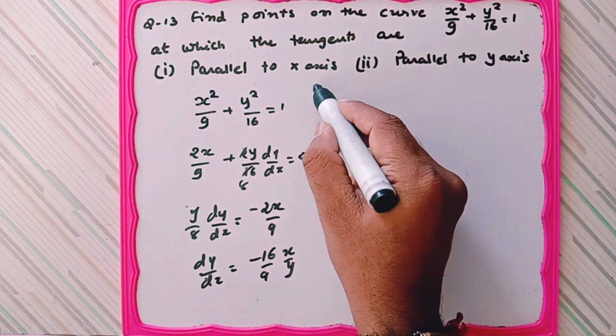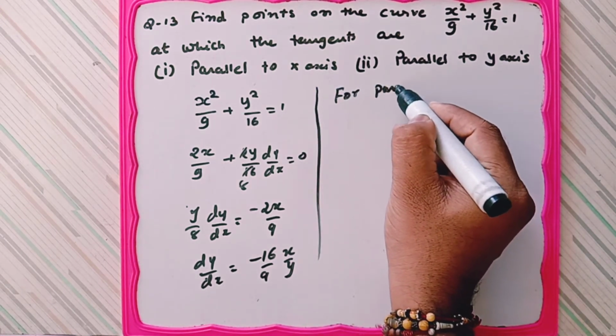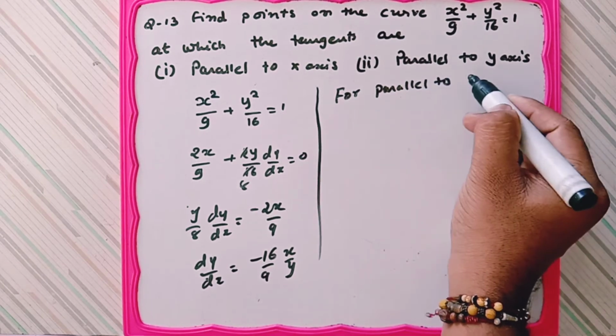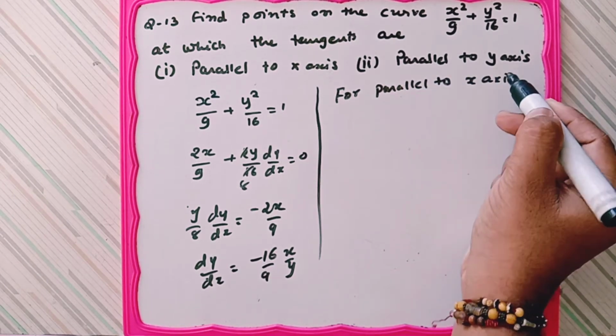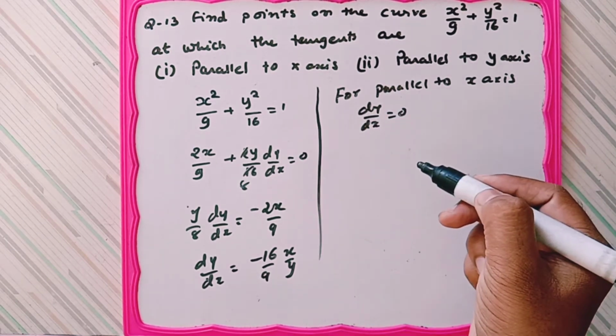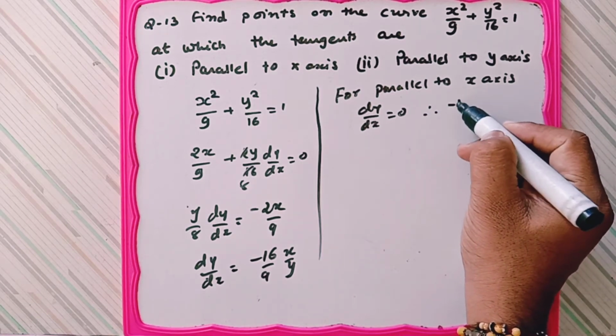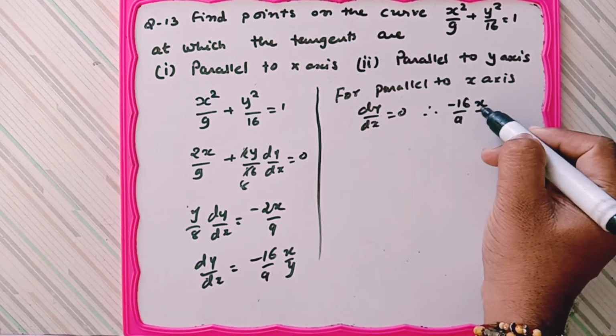Now for parallel to the x-axis, dy by dx equals 0, and dy by dx equals 0 means minus 16 upon 9 x by y equals 0.